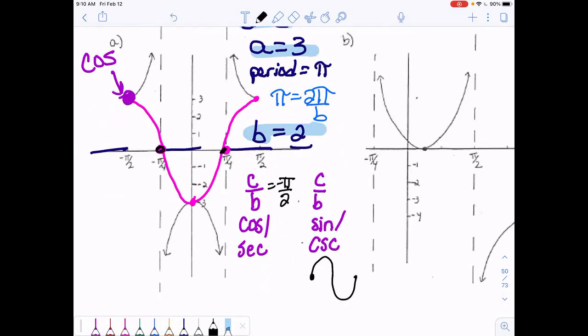A sine increases first and then it decreases. It has a hill and then it has a valley. So if I find that point at pi over 4, it's going up after pi over 4 and eventually it would come down and then it will go back up. That's where your phase shift is going to be located. So find the intercept or the middle that it increases after that point, and that is at pi over 4.